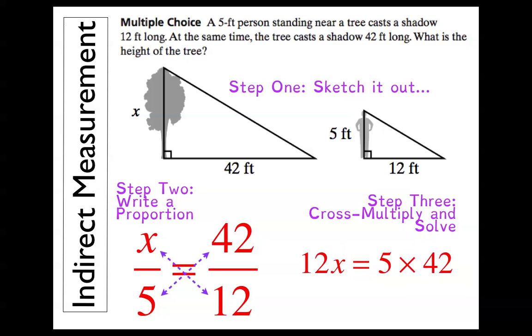So we're going to have 12 times x equals 5 times 42, and then we're going to multiply 5 times 42 and divide it by 12, and eventually use our calculator and get that x equals 17.5. So what is the height of the tree? The tree is 17.5 feet tall. And we didn't need to measure the tree, we just measured a couple shadows and the height of a person. This is what we call indirect measurement.